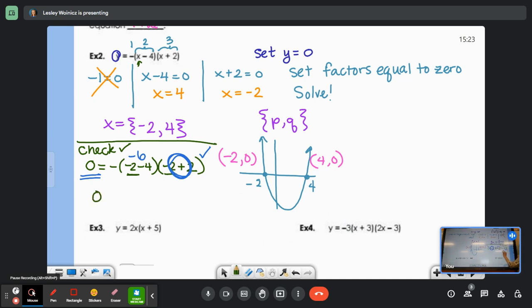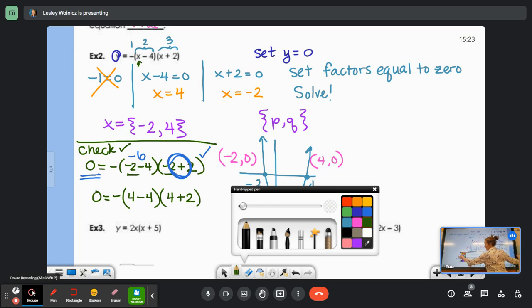Cool? Let's do the other one. 0 equals the opposite of 4 minus 4. Now I'm plugging in 4. Times 4 plus 2. The 4 plus 2 is giving us positive 6.